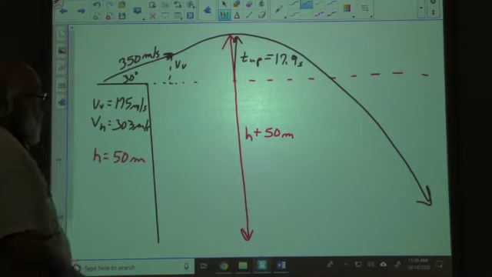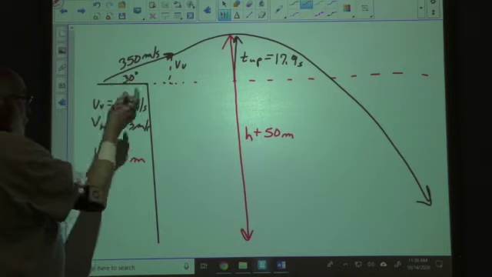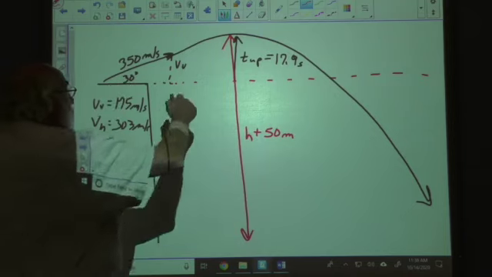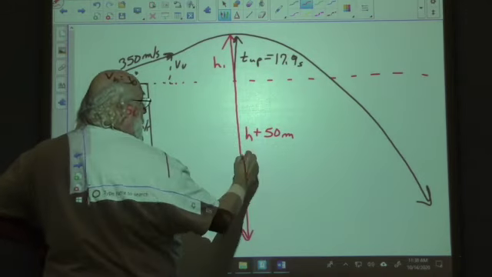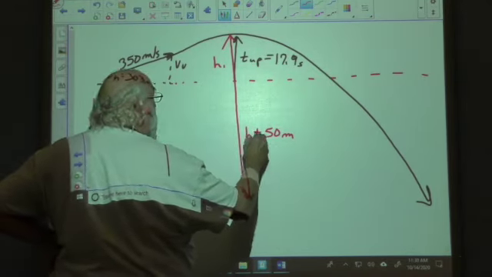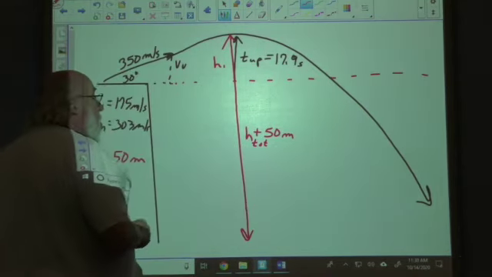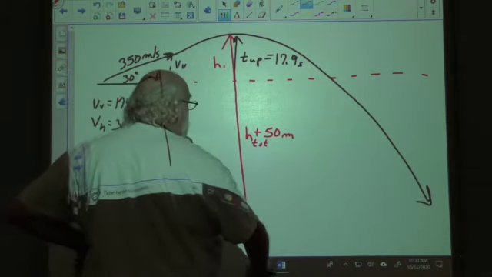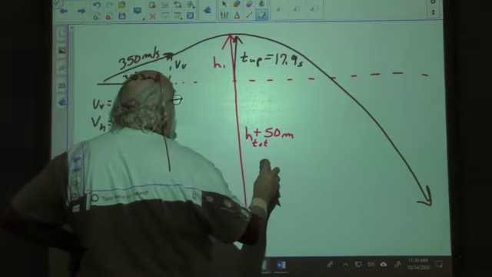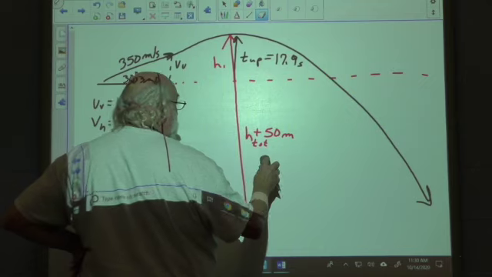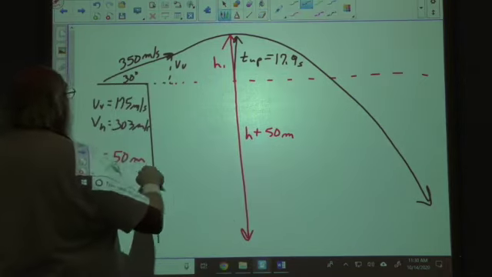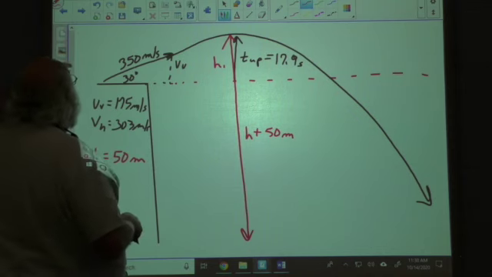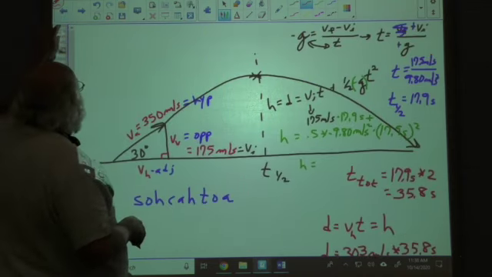So here's how we're going to figure that part out. We've already calculated this height here. I'll call this H1. H1 is what we calculated in the previous problem.